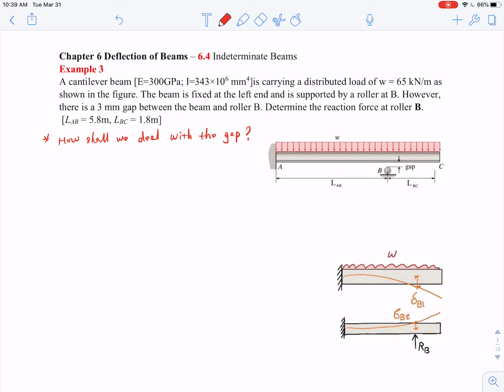Right, this is a big question, but let's hold it here, and then let's focus on the point B. Since we're requested to calculate the reaction force at the roller B, so we just focus on point B and ignoring the gap.